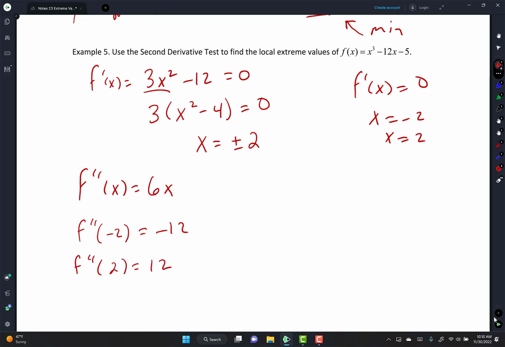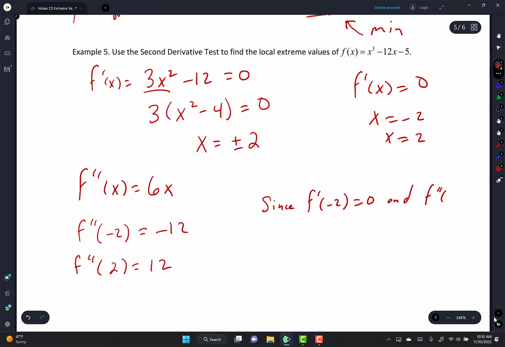How do you feel? All right, I'm going to start writing here. Since f prime of negative 2 equals 0 and f prime prime of negative 2 is negative, x equals negative 2 must be, so let's stop real quick.